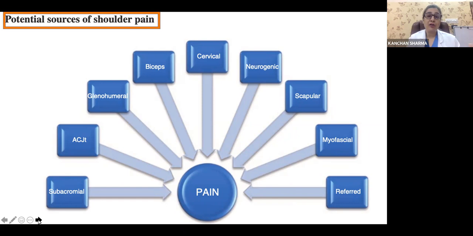Muscles can be involved in myofascial pain syndrome. The joints have articular cartilage, so they will be subjected to degeneration, right? There are bursas, so you can have enlargement of the bursas, right? So many causes are there, but today we will learn how to come to a conclusion just by taking the history and doing the examination. So that is the motto of this class.